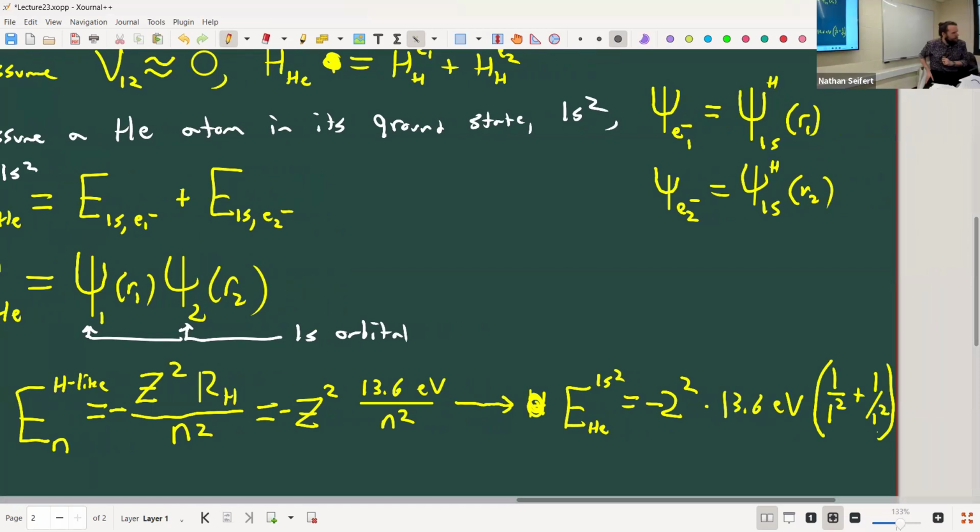Right? That's the 1 over n squared. We're going to add the 2 energies together. Each one gives me a minus 1 over n squared. And so I'm going to get a sum, but this is 1 over 1 plus 1 over 1, which is 2.